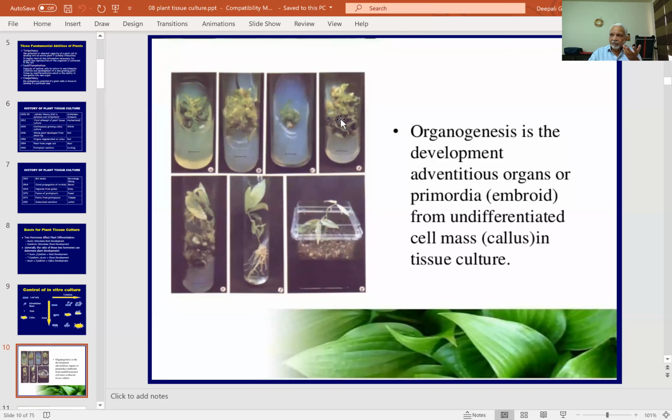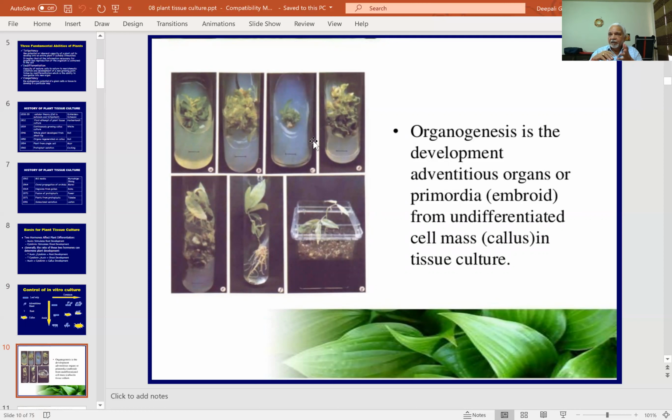So that's how the whole process of culture goes on in vitro, and it follows two paths. One is via organogenesis or through somatic embryo formation. Organogenesis means first the callus is formed, then the shoot is formed, and then the root is formed.